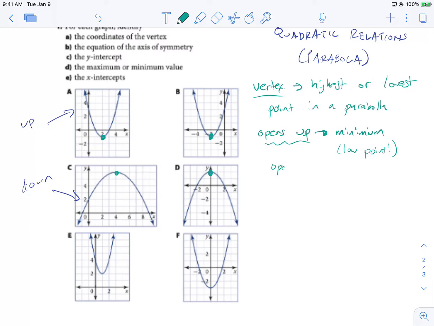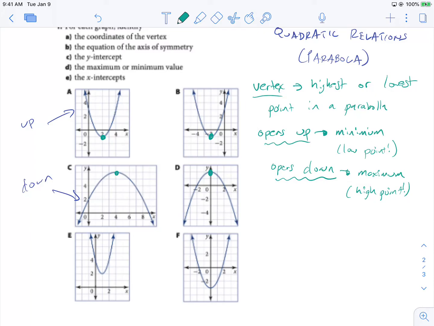And if it opens down, like it does in C or D, that means you have a maximum value for your vertex, aka a high point. So the vertex is very important that way.